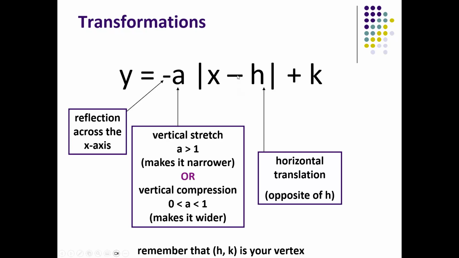So in this here, it says x minus h, so the opposite would be positive h. And then your k is your vertical translation. So where you see the h and the k, that's your vertex. So opposite h, comma k would be your vertex.